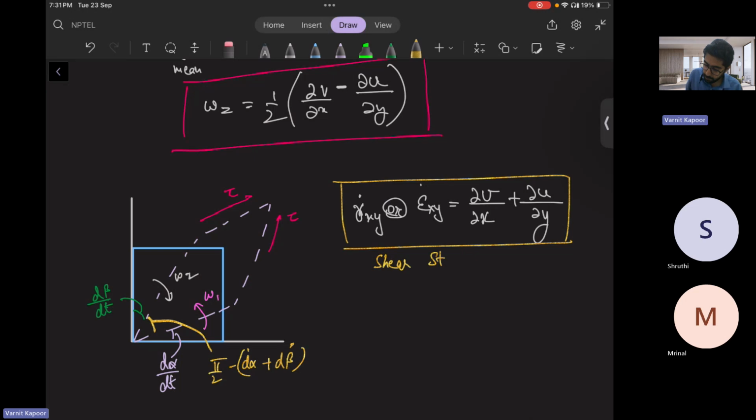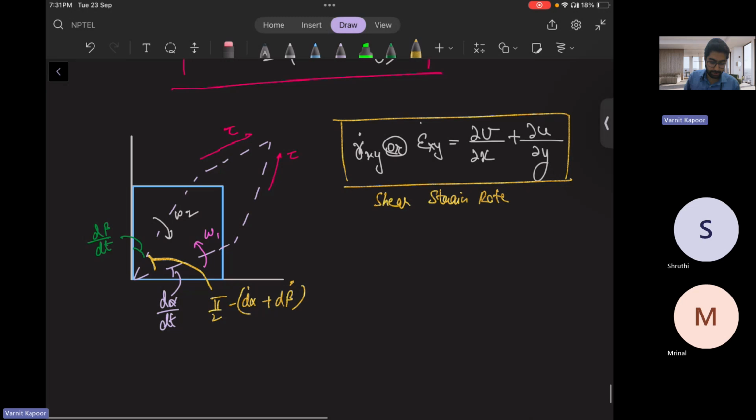So this is your shear strain rate. And what is the shear strain rate tensor? Let me write that also. It is just half of that. You can see the derivations in the book as well.